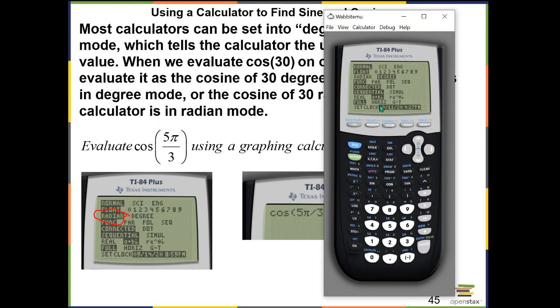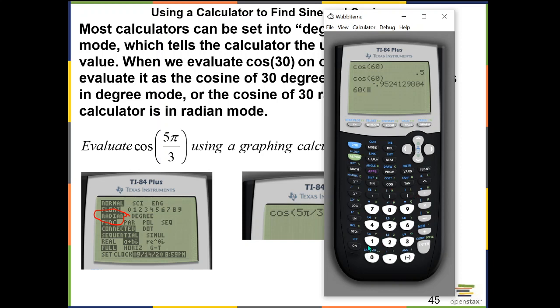Under mode, you see right now the mode is in degree. If I change it to radian and then put cosine of the same thing, I'm going to get a different answer. Why? Because the calculator thinks that 60 is 60 radians. Now, what is 60 radians in degrees?